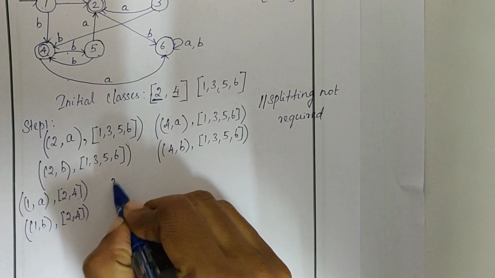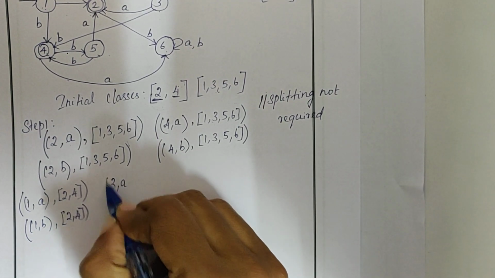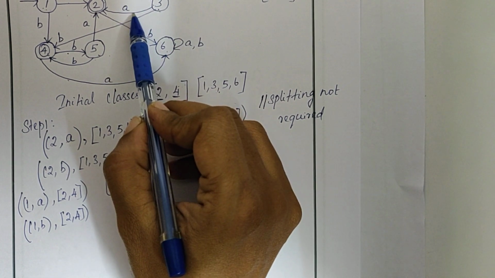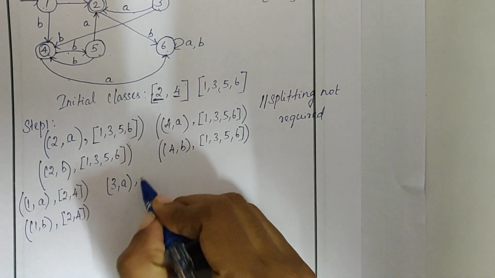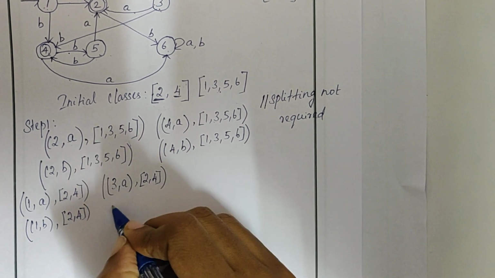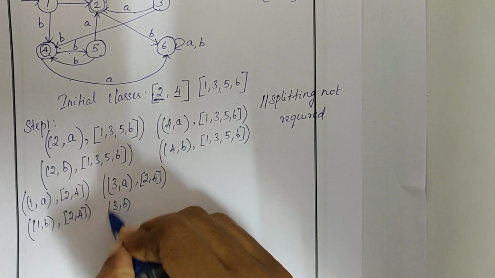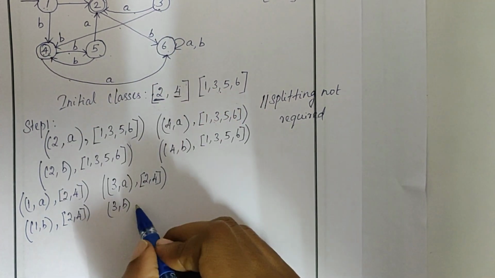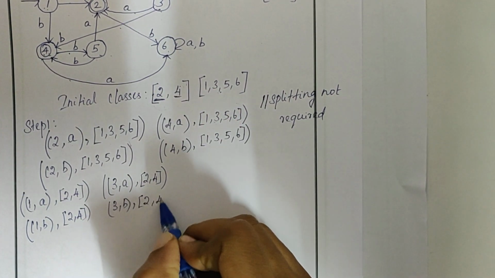Next, 3 comma A: it is moving to 2, so 2 comma 4. 3 B: it is moving to 4, so the class is 2 comma 4.